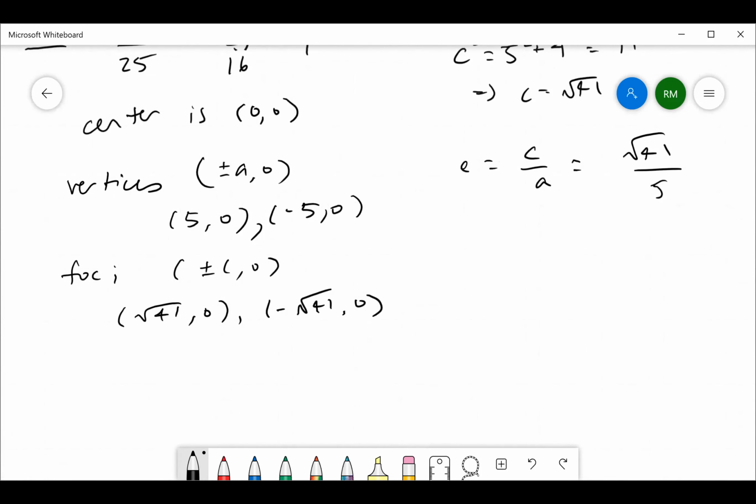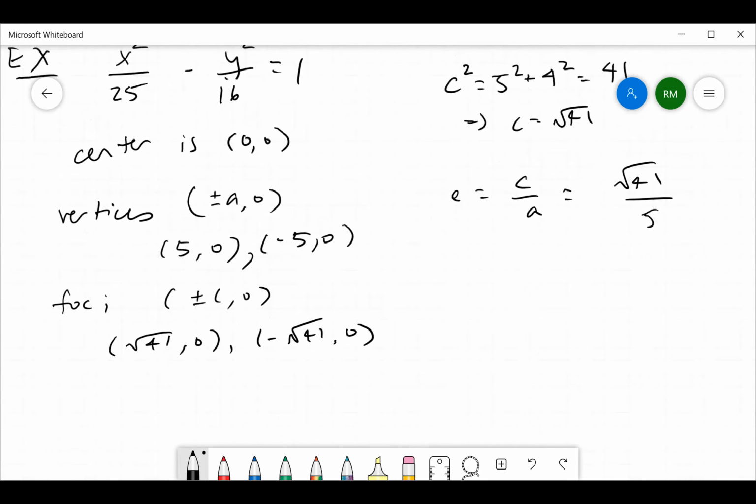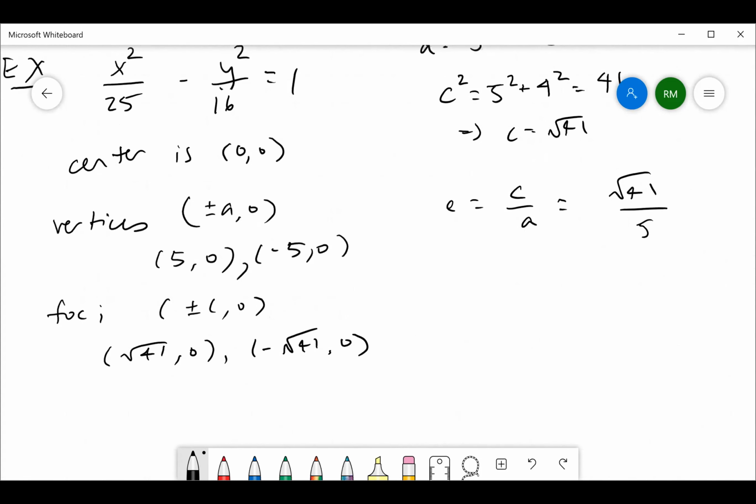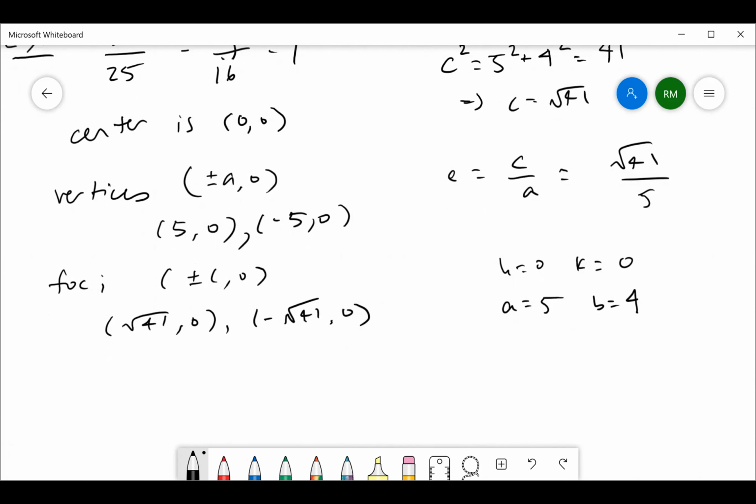We also need to know what the asymptotes are. So we know that h equals 0, k equals 0, a equals 5, b equals 4. So that tells us that the asymptotes are y equals 4/5 x and y equals negative 4/5 x.